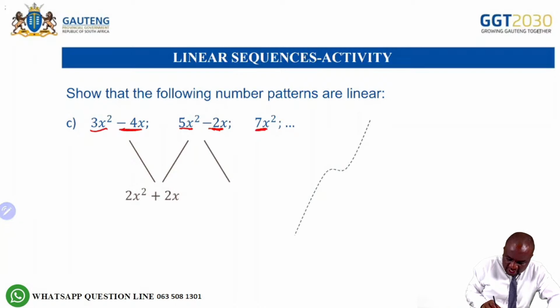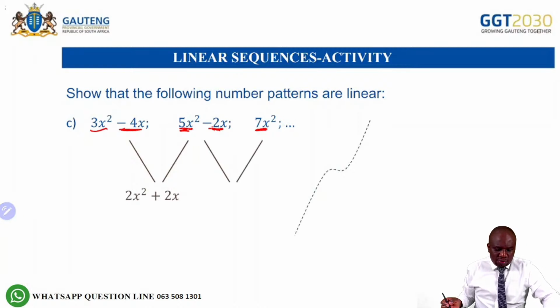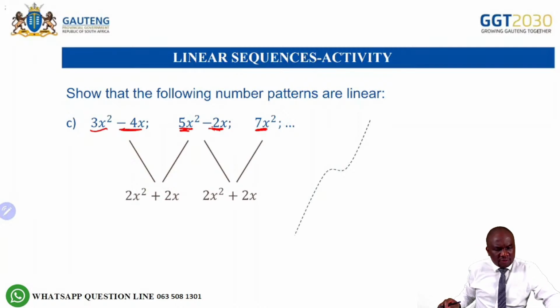We say 7x² minus 5x² is 2x². And then we have 0x, so it's 0 minus negative 2x. Minus negative 2x becomes positive 2x. So the answer will be 2x² + 2x, showing us that this is a linear sequence because the first differences are constant.